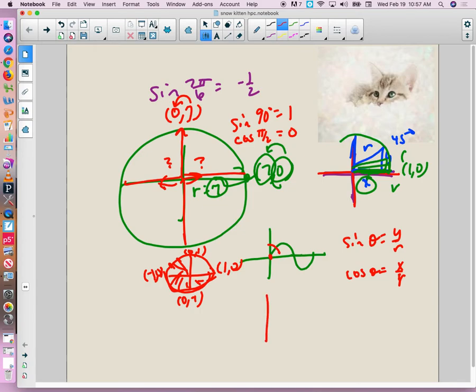I think in the past I've used a radius of 1. But if the radius was 5, wouldn't the ratios be the same? Do y'all see if the radius was 5, this would be 5, 0? And so on. And so if you start using this, I think you'll get faster at the quadrantal angles.